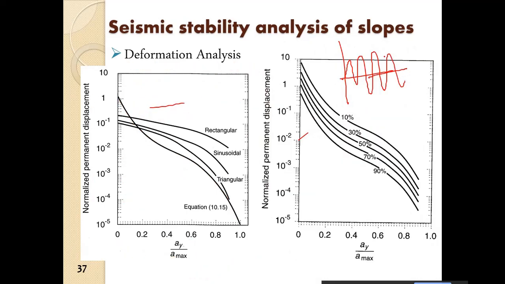If it exceeds for 2-3 cycles, then how many equivalent cycles are there? And obviously, what is the predominant period of the earthquake? Based on that, what is the probability of exceedance? So here you see, from 1 it goes on increasing in this manner. This is the AY by Amax and this is the displacement.